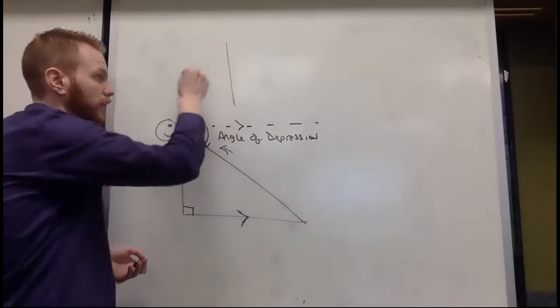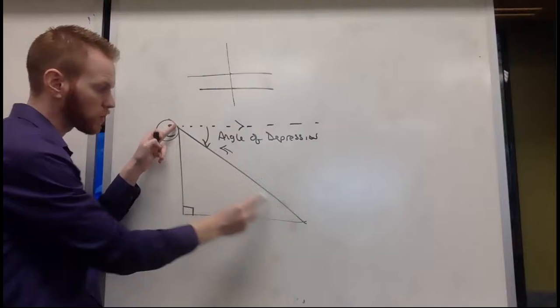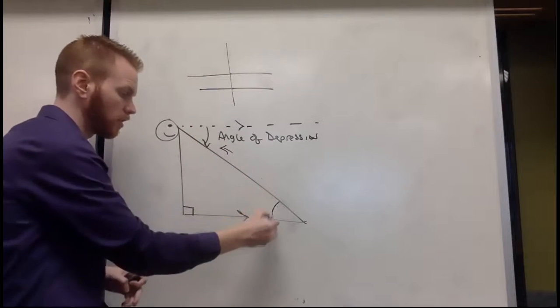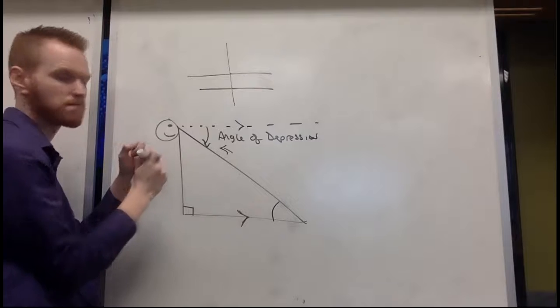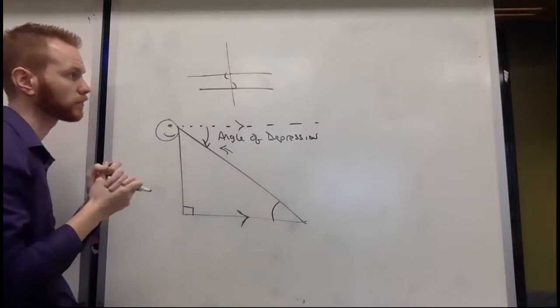Let's go back to this for a second. This line is my transversal. These guys right here and here are alternate interior angles. What's this? Okay.